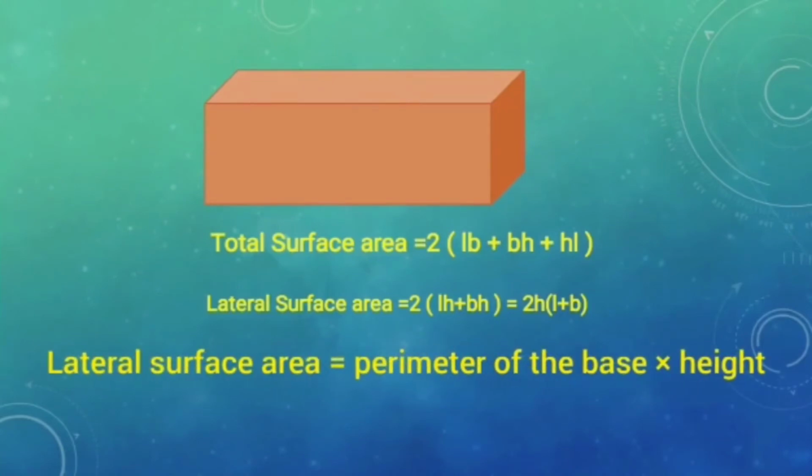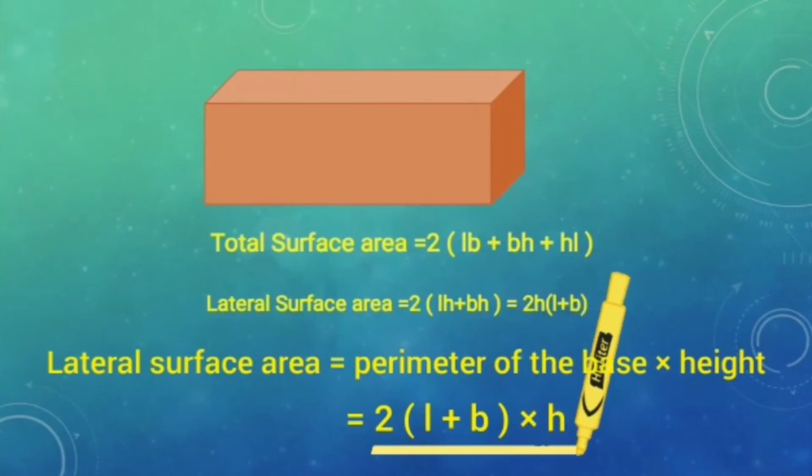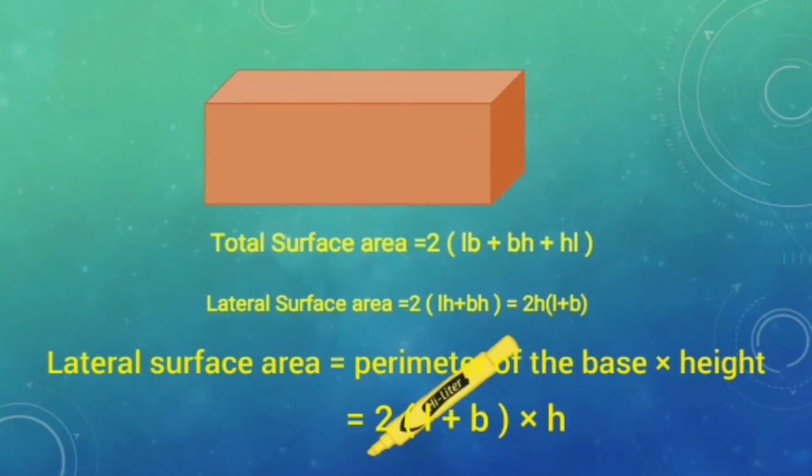Means you can simply find out the lateral surface area by finding the perimeter of the base multiplied by height, right? You can find the perimeter of the base and after that you can multiply that perimeter by the height. So perimeter of the base, this base is in rectangle form, so perimeter of the base is 2(L plus B) multiplied by h is equal to 2 into (L plus B) multiplied by h, right?